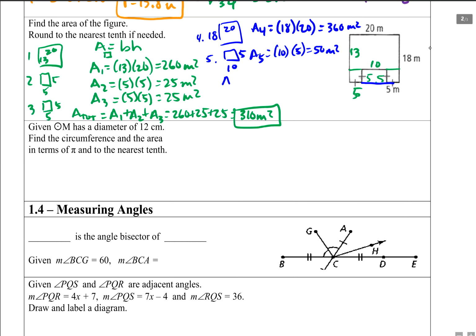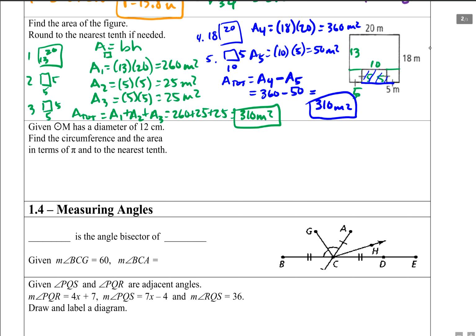Now this time, area total equals area 4 minus area 5, right? Because we're cutting out this piece down here. And so that equals 360 minus 50. And guess what? We get 310 meters squared again.